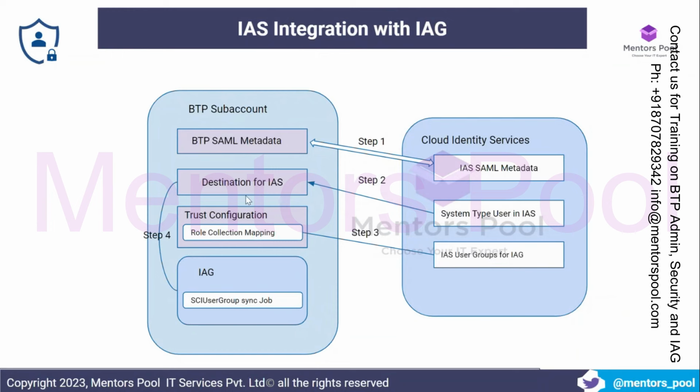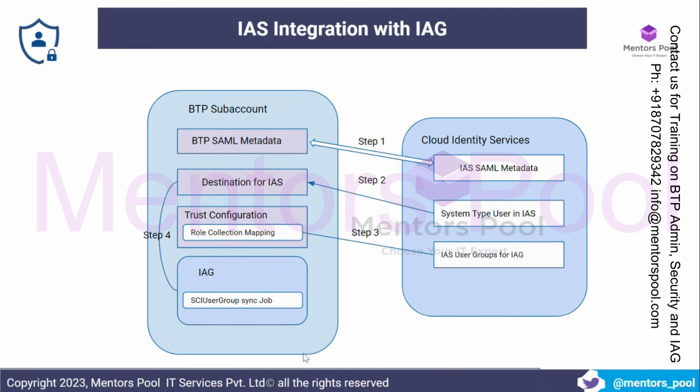There are further steps if you want to sync, because the IAG scenario is a bit different. IAG is a risk and governance tool, so it needs all identity data from IAS so that it can manage the risk and governance of any target system integrated with IAG.